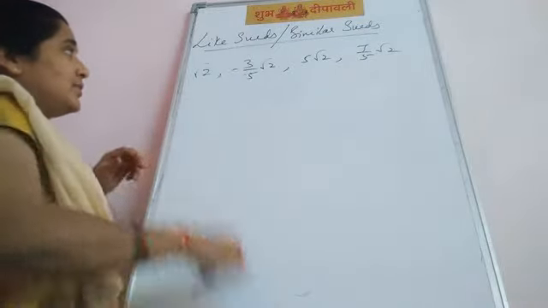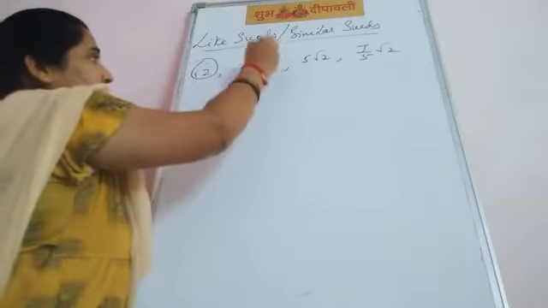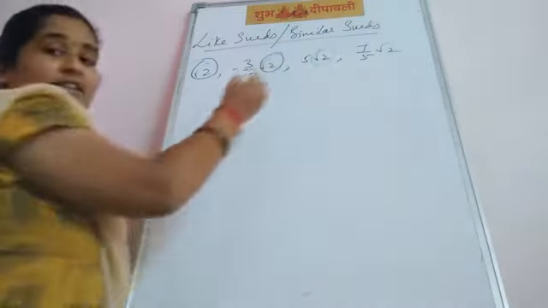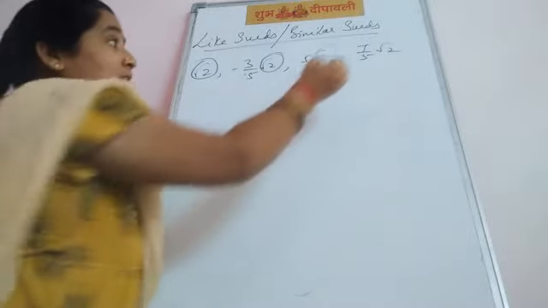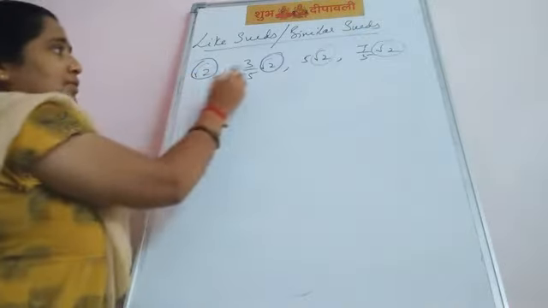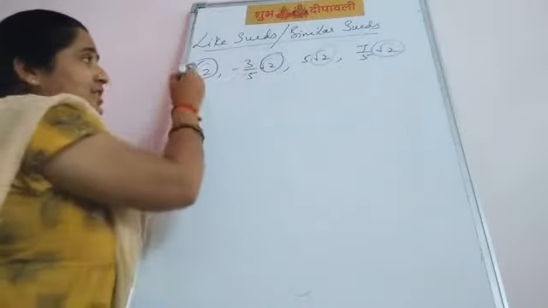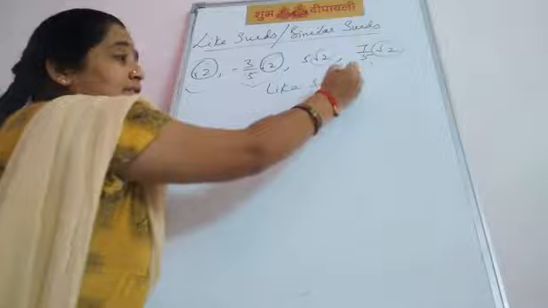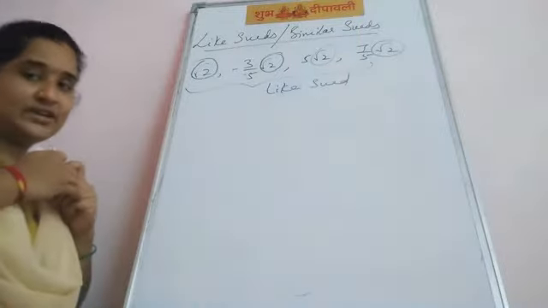In the third example also 5 root 2, and in the last example 7 upon 5 root 2. See, root 2 is the same. So these all are like surds, otherwise you can call them similar surds.